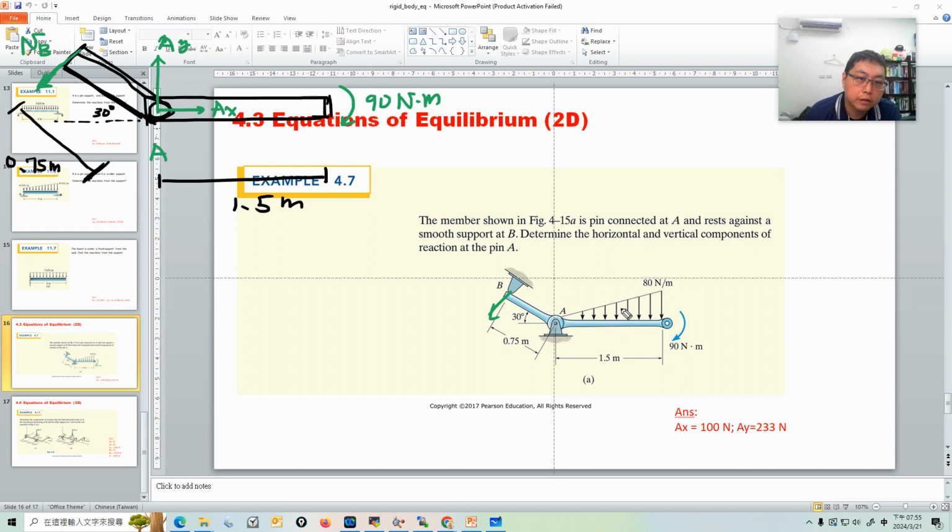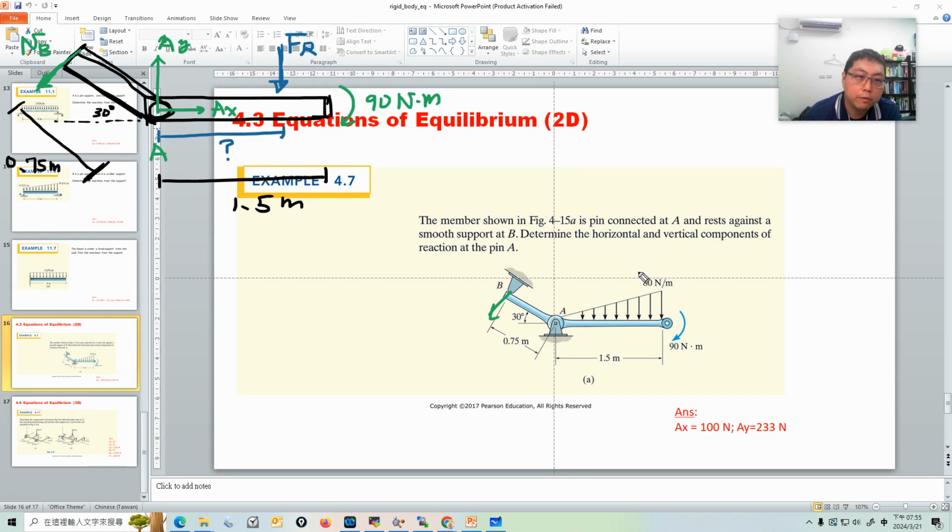The simplification of a distributed load has only two goals: what is the resultant force of the distributed load, and where is its location, that is, what is the distance here?